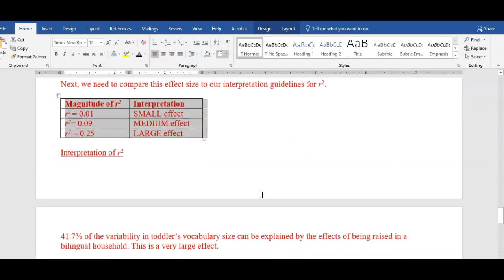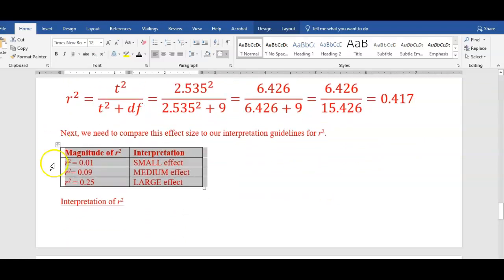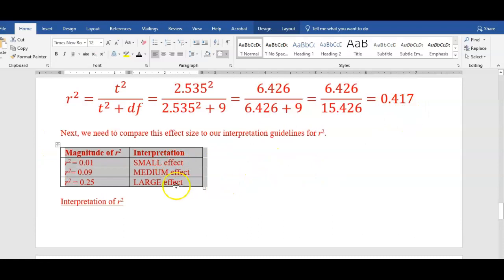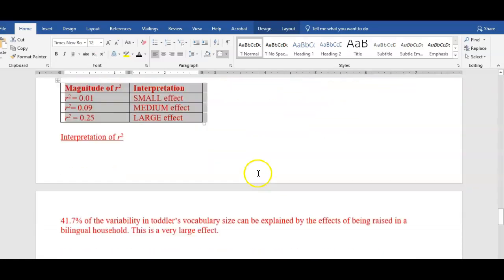See, in this problem, R squared was calculated at 0.417. We can use this to interpret like, okay, so 0.41 is a pretty large effect size because it's greater than this 0.25 cutoff. But what does it really mean? R squared is a neat statistic, and we're going to see it again when we do correlations.